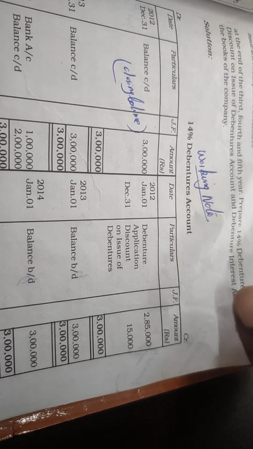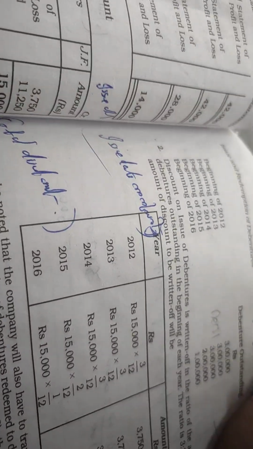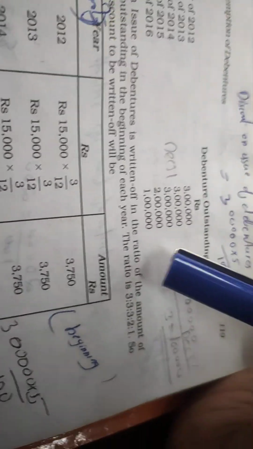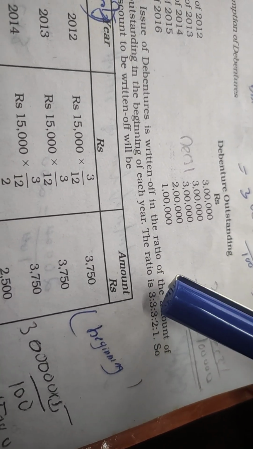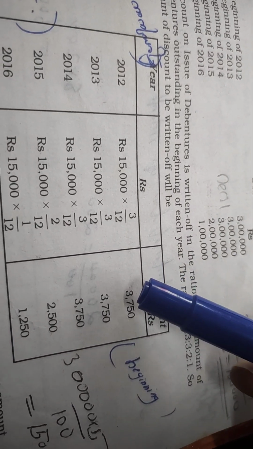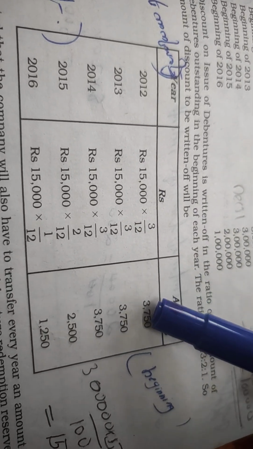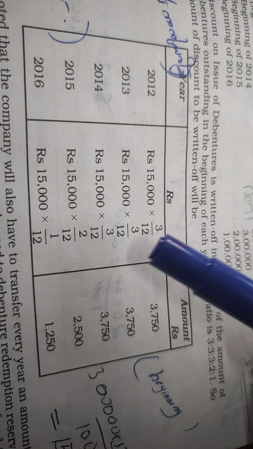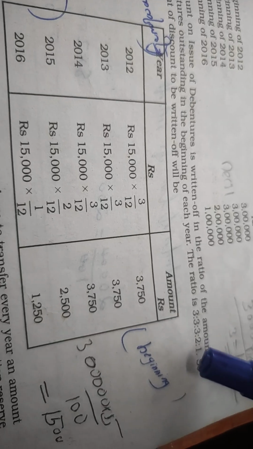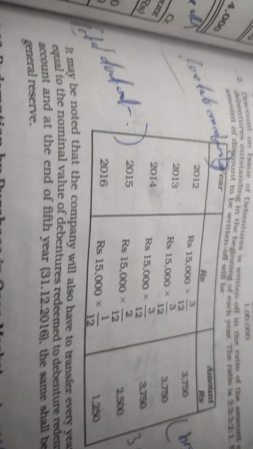That is, we have already calculated. Then this is the write-off value, 15,000 into ratio will be 3 by total of all these ratios, that is 12. So the amount will be 3,750. Then next year 15,000 into ratio is 3 by 12, 3,750. For next year also same amount. Then 2015 ratio is 2, so 2 by 12. For next year 1 by 12.